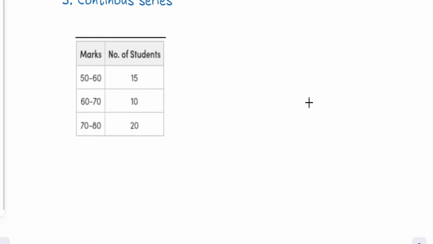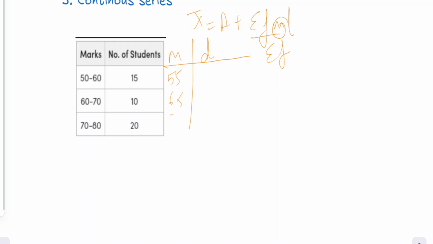Now for the continuous series, our formula is the same: x bar is equal to a plus summation fm divided by summation of f. Here m can be written as d also. First you have to find the m value for the continuous series. In the last video I told how to find m, that was 55, 65 and 75.